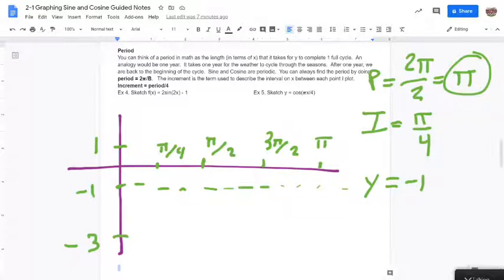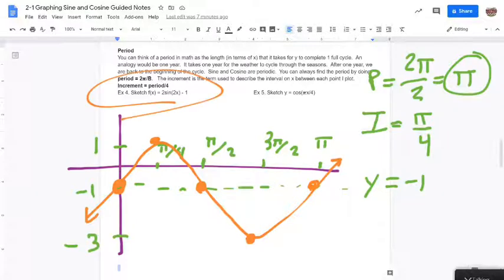These 4 intervals is where we're going to graph our period. So our x-axis is set up, our y-axis is set up, now we just plot points. Since this is sine, we start on the sinusoidal axis, and since it's not reflected, we go up, back to the axis, down, and then back to where we started. That's what the graph of example 4 would look like.